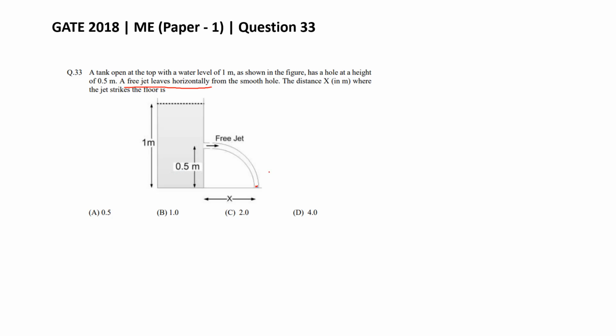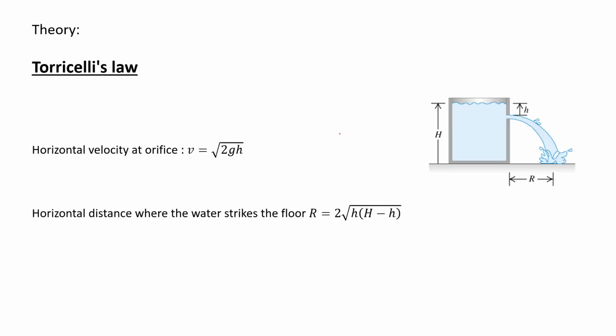Okay. Anyway, I guess all of you are in the right direction. So first thing is to apply Torricelli's law. Here in this schematic, I have written down both the formulas that you need. First, if you are going to solve it step by step, first calculate the velocity, then calculate the time, and from this time you calculate the distance x, or r.